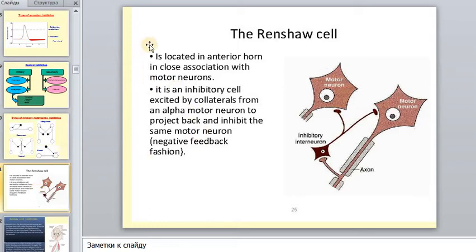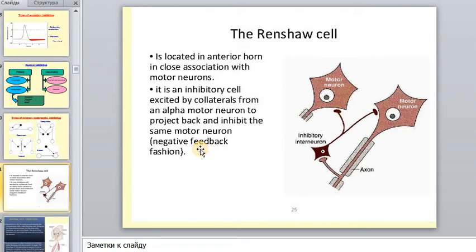These cells are located in the anterior horn of the spinal cord, in close association with the motor neurons, and it's an inhibitory cell excited by a collateral from the alpha motor neuron to project back and inhibit the same motor neuron, and it is the negative feedback function of nerve centers.